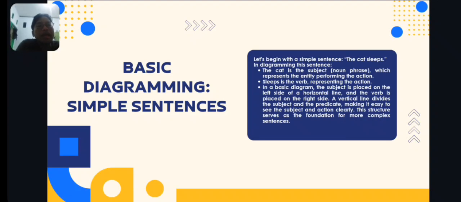In a basic diagram, the subject is placed on the left side on a horizontal line, and the verb is placed on the right side. A vertical line divides the subject and the predicate, making it easy to see the subject and action clearly. The structure serves as the foundation for more complex sentence.